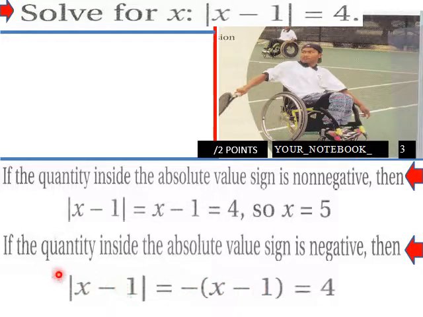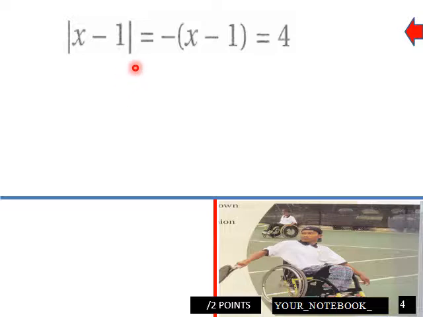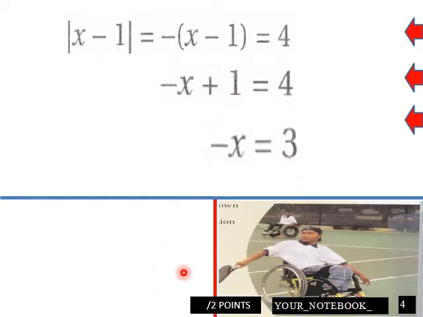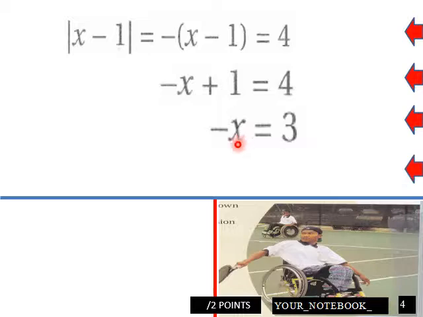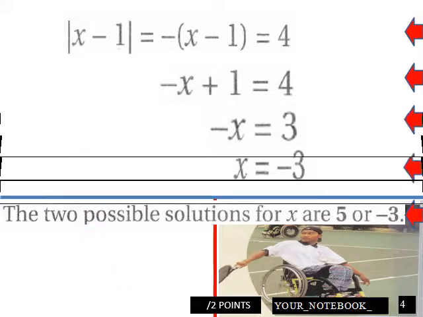So the negative of (x minus 1) equals 4, negative x plus 1 equals 4, negative x equals 3, and x equals -3. The two possible solutions for x are 5 or -3. So we solve for a positive and a negative solution for an absolute value like that.